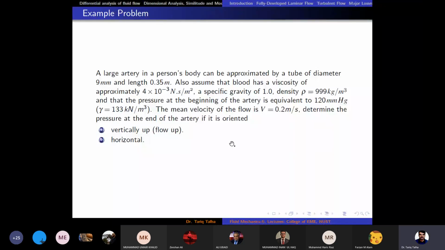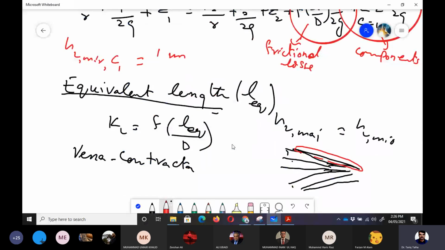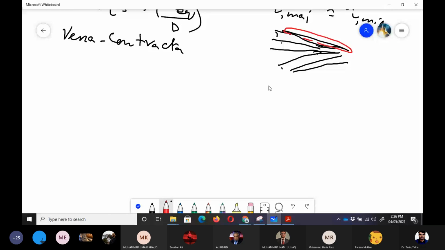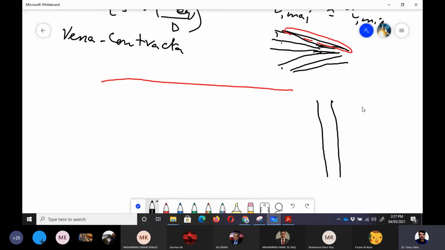So let's do this problem on the whiteboard. Now we are considering the first case, that we have got an artery. The flow is going this way, and this is point 1 and this is point 2.